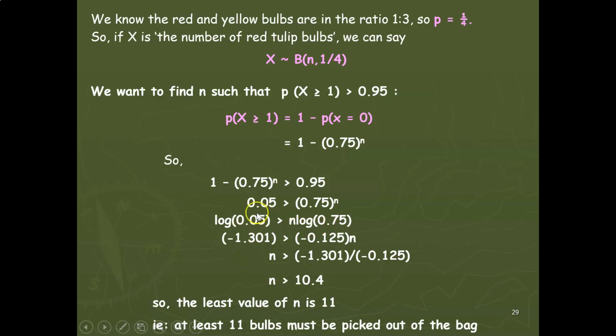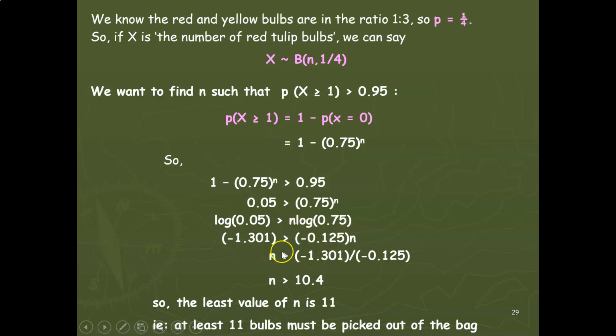And then you can find this. You can simply calculate it using a calculator. So you'll get this value. And how about this? You still cannot figure out the value of n, but you can calculate using the calculator. Just key in log 0.75. You will get this value, negative 0.125 times n.